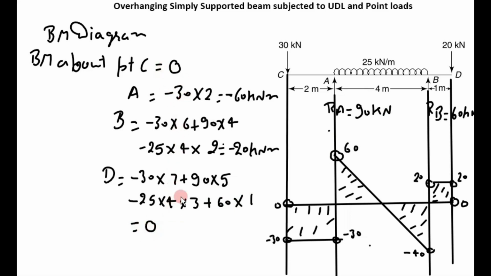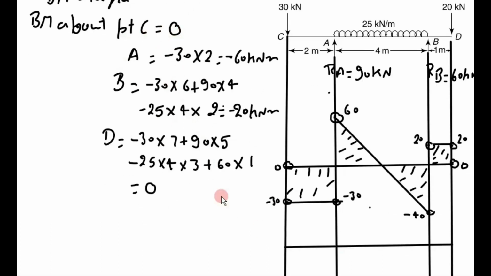Now we have to plot all these points on a reference line. First point is point C. The value is 0. The value of point A is minus 60. Take here minus 60. The next one is B minus 20, and D is 0.